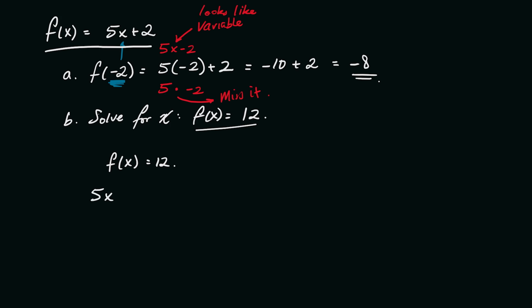So 5x plus 2 is equal to 12, right? So this is our function that we originally had, and this is the output. I'm gonna box the output right now, and I'm gonna tell you the reason why in a minute.